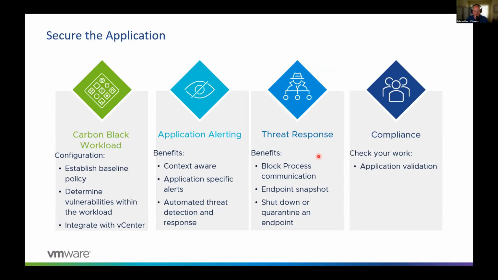When we do detect a threat, we can block the process. We can also shut down or quarantine an endpoint. And lastly, application validation is really the best place for you to go and check your compliance in terms of implementing the Carbon Black Workload.